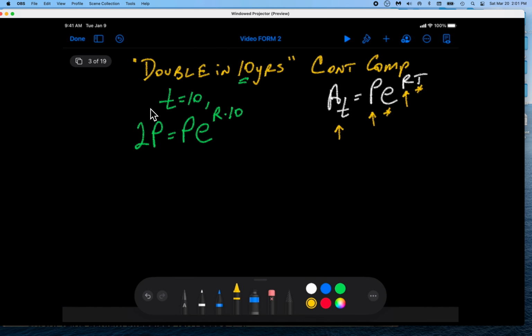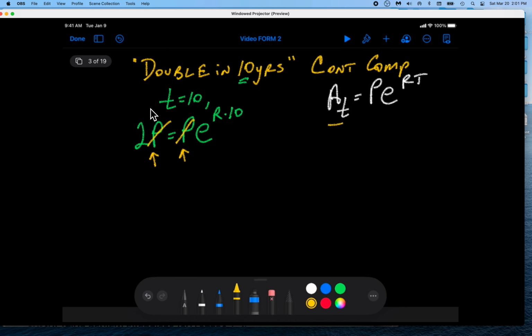And we don't know what A of t is. So in the beginning, we have one equation with three unknowns. It's an impossible task. But the fact that they tell us it doubles allows us to replace A of t with 2p. That is incredible, because then we can cancel out the p's.